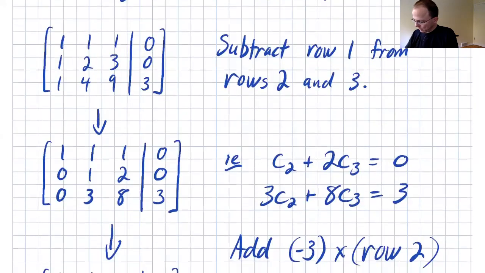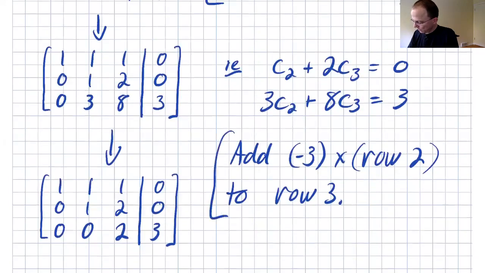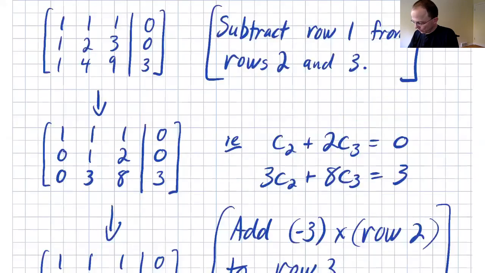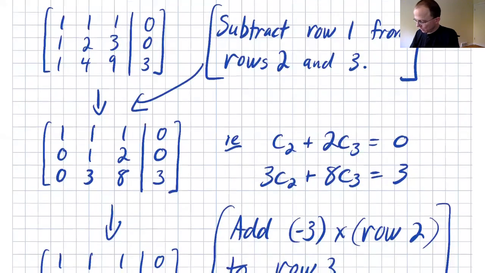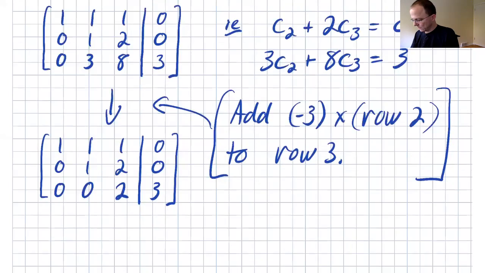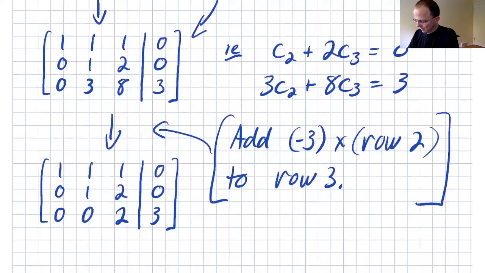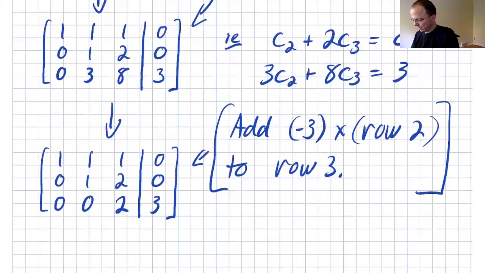Let's see. I'm just going to put a little box around what we did. So this is what we did here, and this is what we did here. That's how we got that, and then this is how we got this step here.